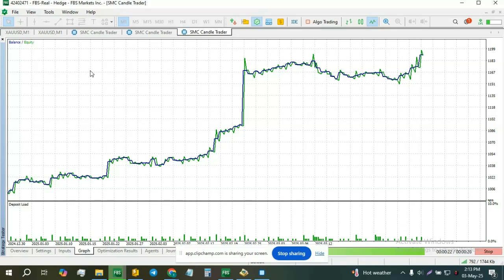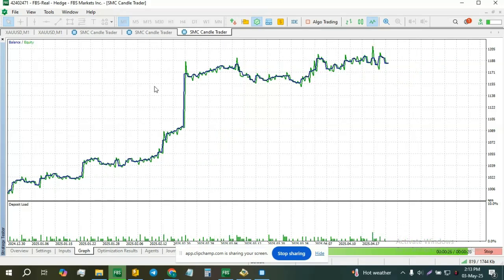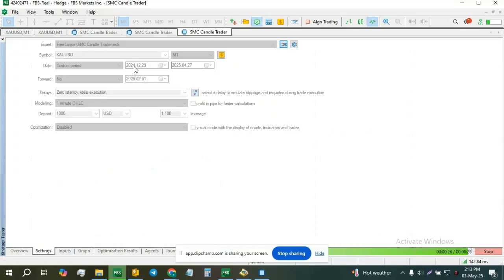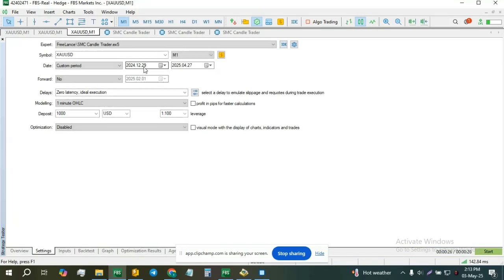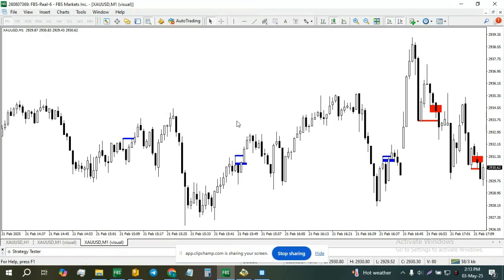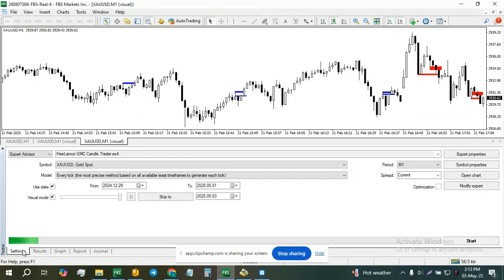So as you can see, this is the 2025 performance from December 29, 2024 up till date, and the same thing for the MetaTrader 4.